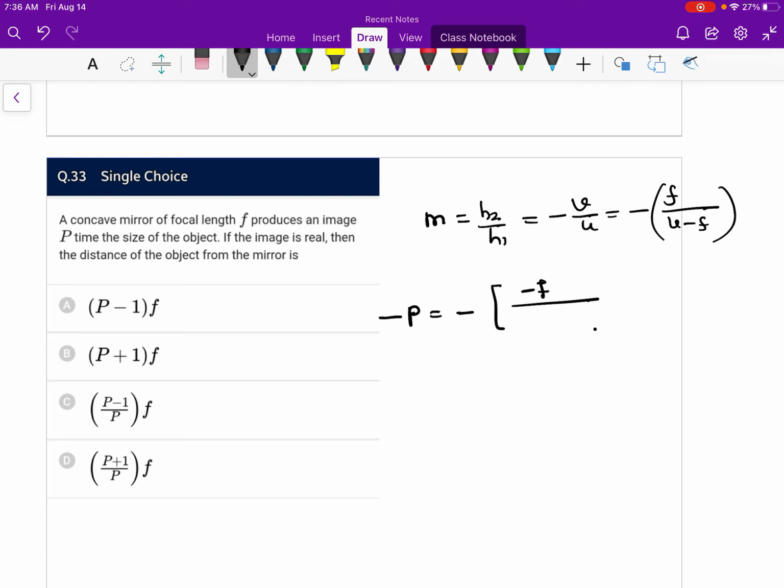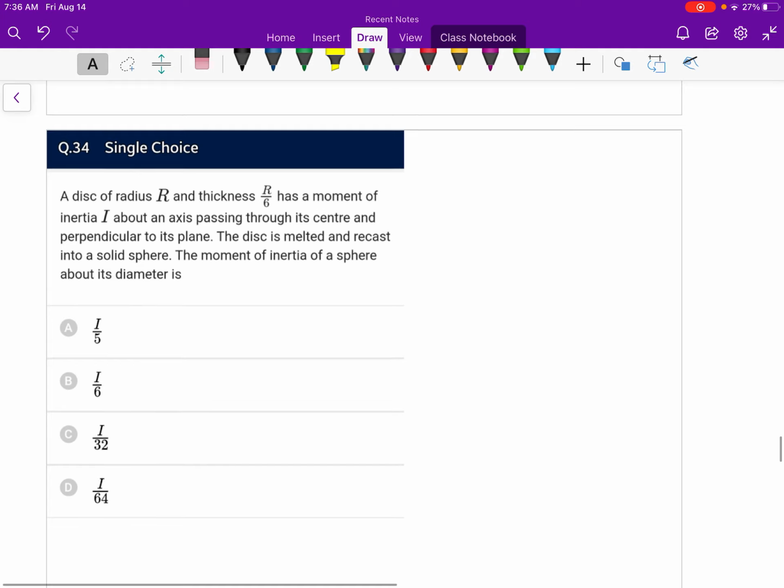So minus P is equal to minus F upon U minus F. So minus PU plus PF is equal to F. So U is minus of F times (1 plus P) upon P. So D is the correct option.